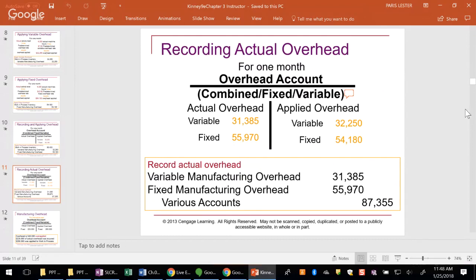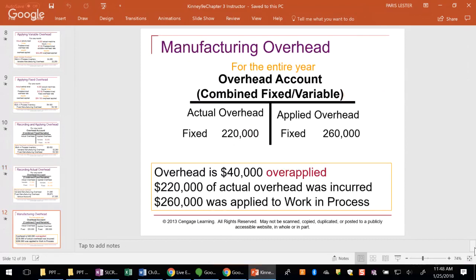Now here, if your actual overhead is 31 and 55, we add those together, that's 87,355. That doesn't add up to those. It's just a different example.